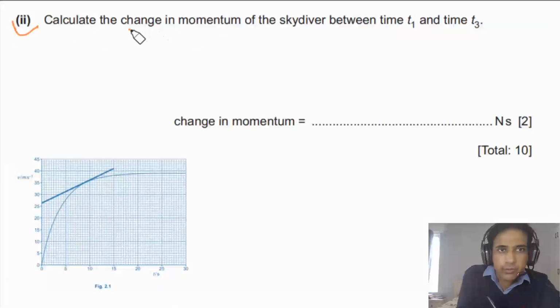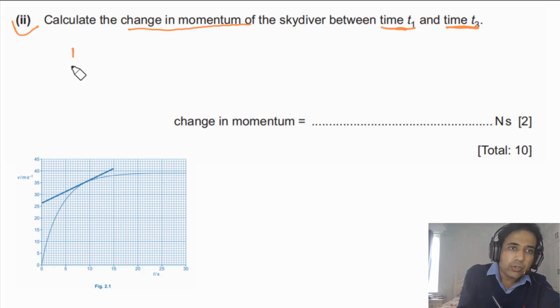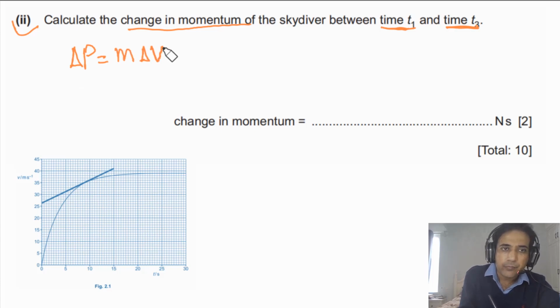Second part says calculate the change in momentum of the skydiver between time t1 and t3. So how can we calculate change in momentum? In order to calculate change in momentum, we can simply use delta p, which is equal to m times delta v. And the mass of skydiver and equipment was given to us, that is equal to 68.